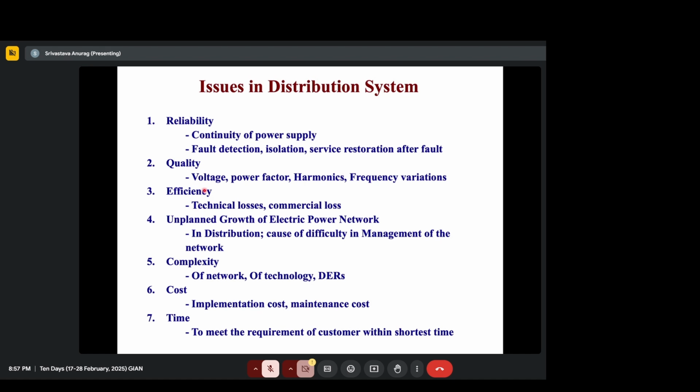Efficiency is of course important because someone is paying the bill for this, which is typically the customer. If efficiency is bad, they will be paying more. And if the losses are bad, then no one is going to win with that, right? The system is in loss, and so is the customer. The unplanned growth of the electrical power network is one problem, because we typically build and extend the distribution system as per the need of the customer.